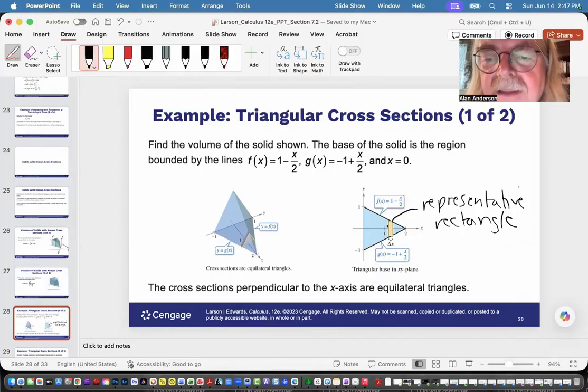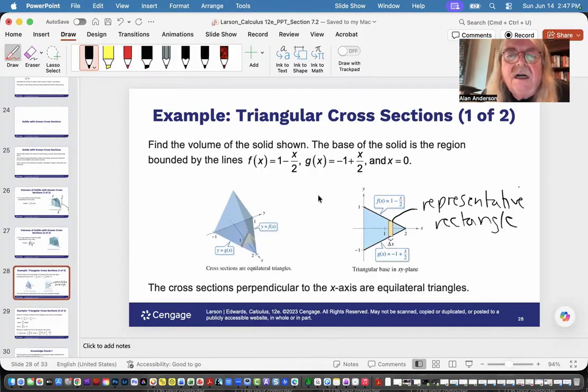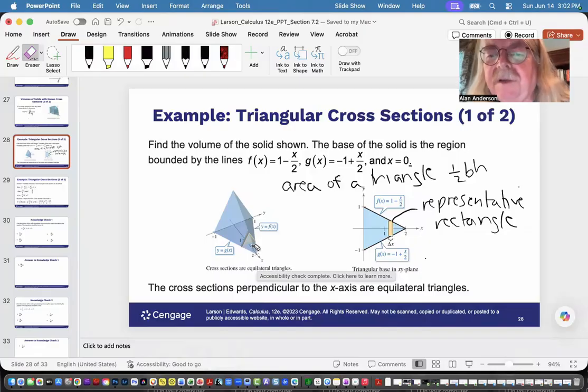And this is being done with respect to the horizontal axis. So everything is written in terms of x. And so what they're going to have us do is first find the area of the cross section.